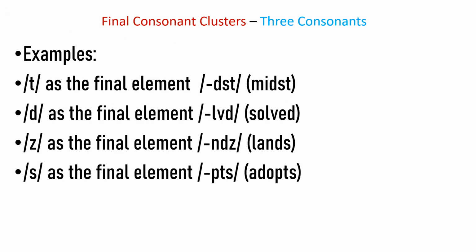Let's see some examples for final consonant clusters. So here I have given examples for three consonants which form a cluster. Okay, so t in the final element. Here it is in the final element. So the final consonants ending cluster is d, s, t, with d as the final element.